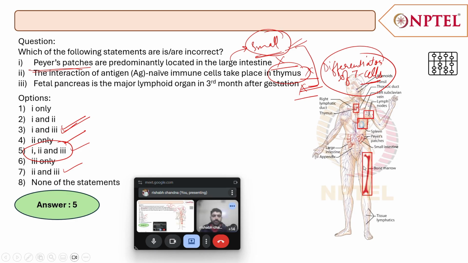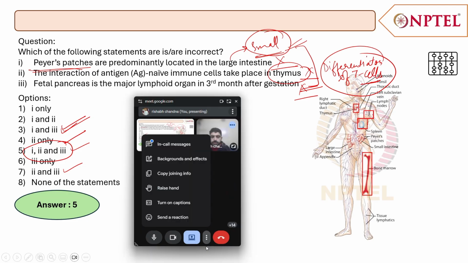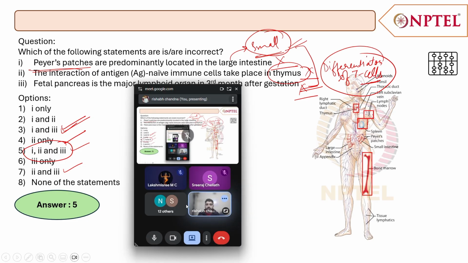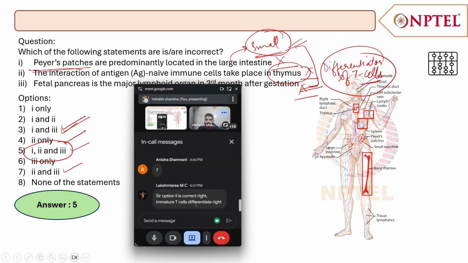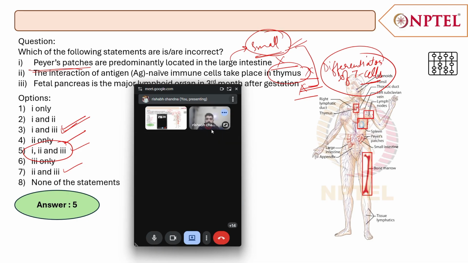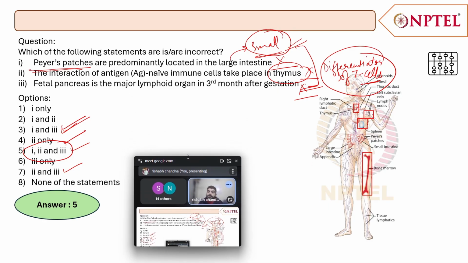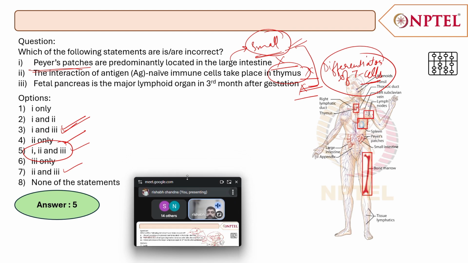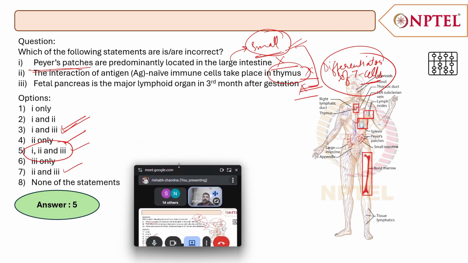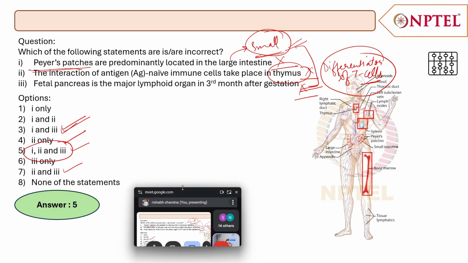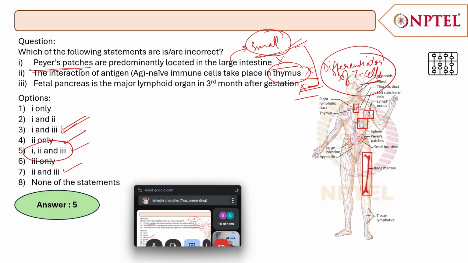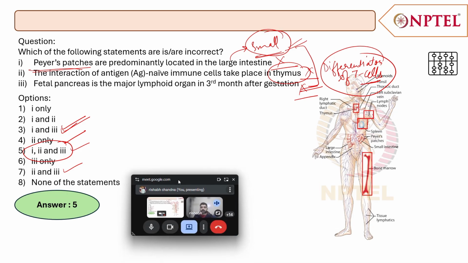Yeah, just 1 minute. Someone said something. No, actually, naive T cells are not introduced in the thymus. They basically differentiate into different types of T cells. So that is not the work of the thymus.